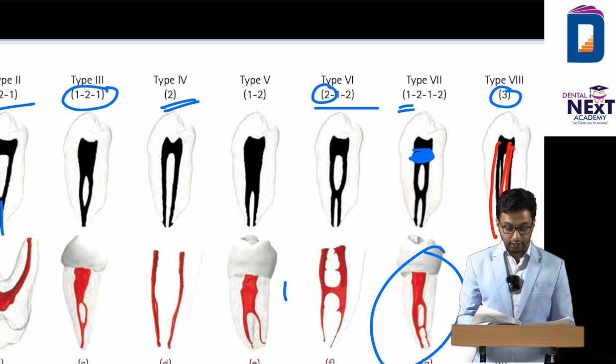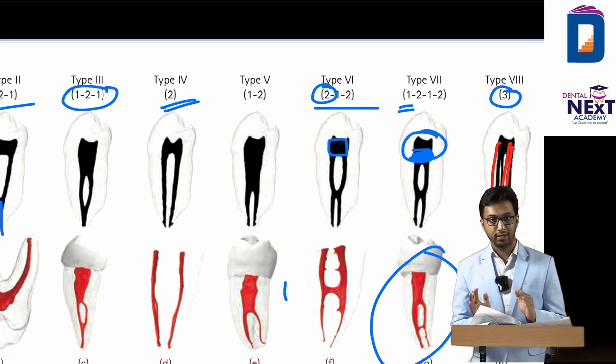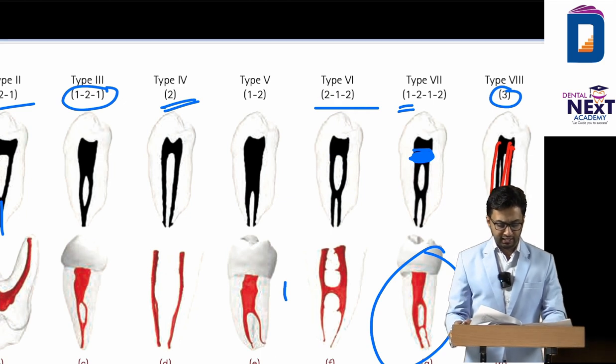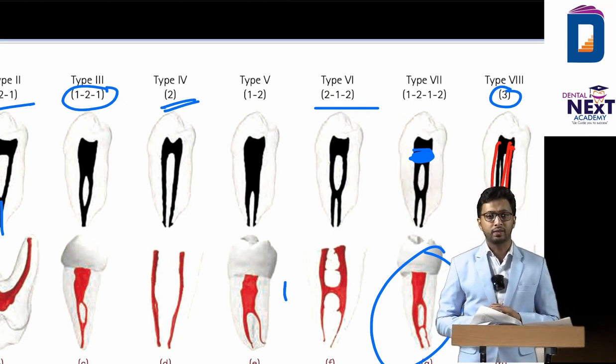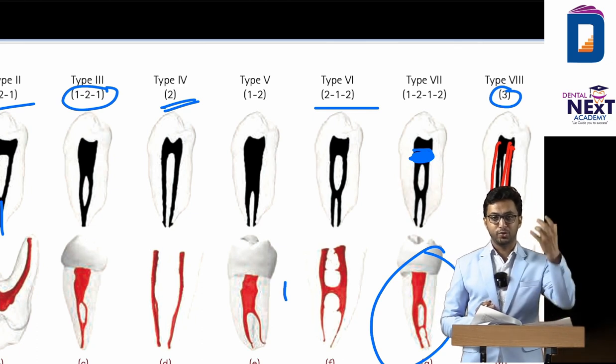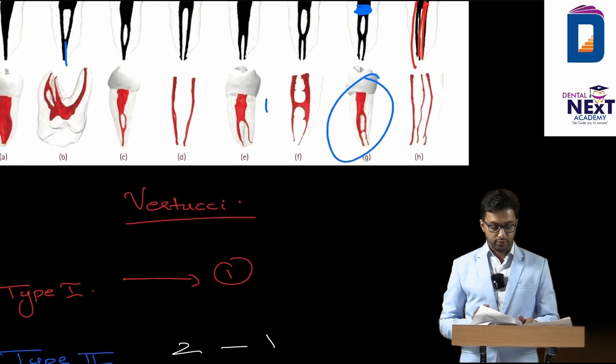But if it is starting with 2, only this space is there. There is no big huge area. Here you have got a big area, that means it starts with 1. So don't make this confusion and go wrong. If you get this question, your rank is going to jump very high. So that was the Vertucci system.